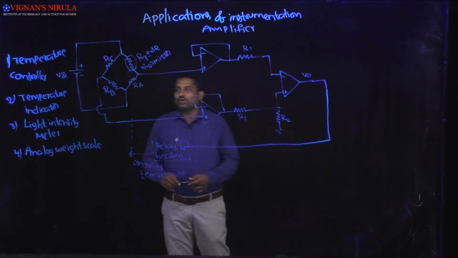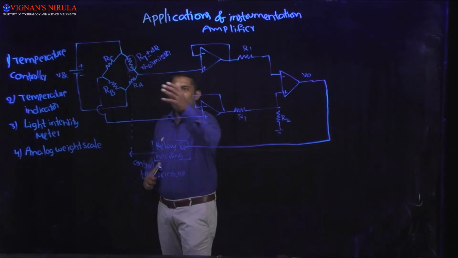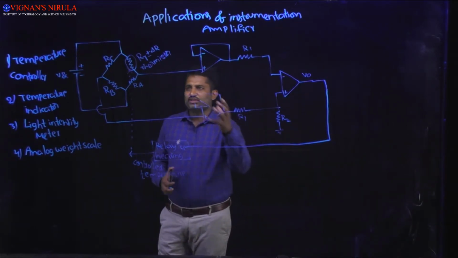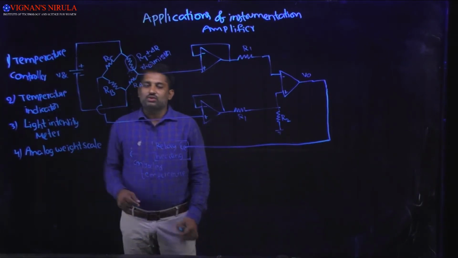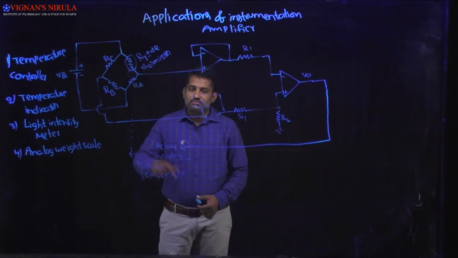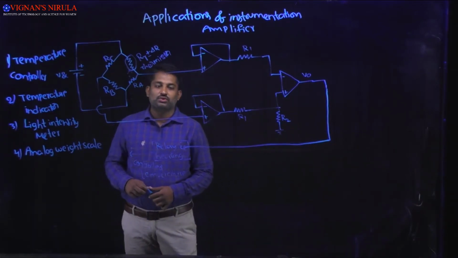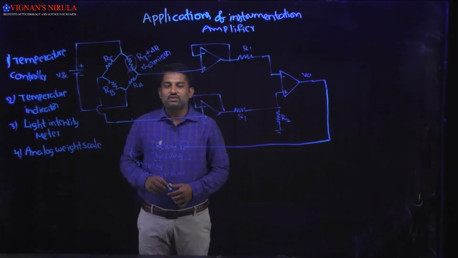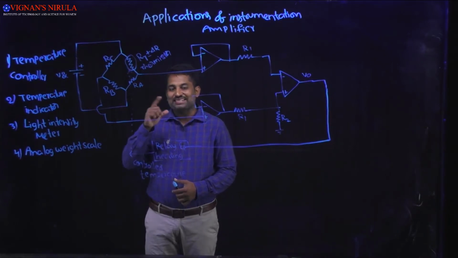Now I am going to use a Wien bridge along with the instrumentation amplifier for the temperature controller. The same circuit may be used for the temperature indicator also, and I may replace the thermistor with photocells for the calculation of light intensity.